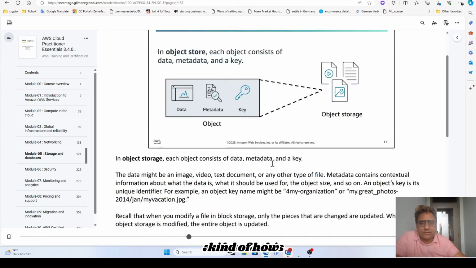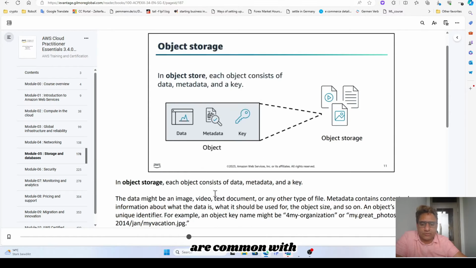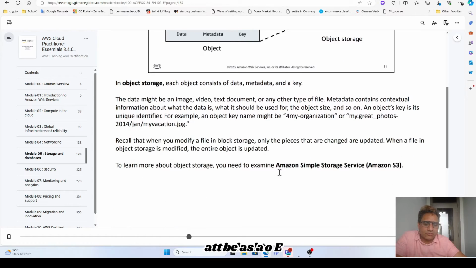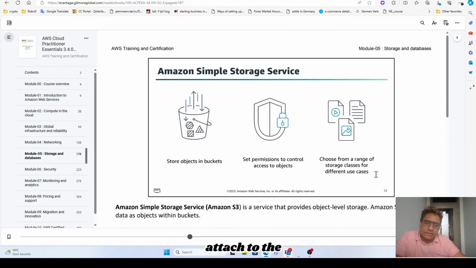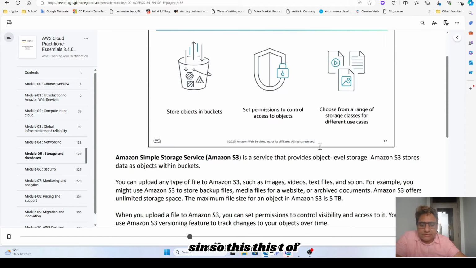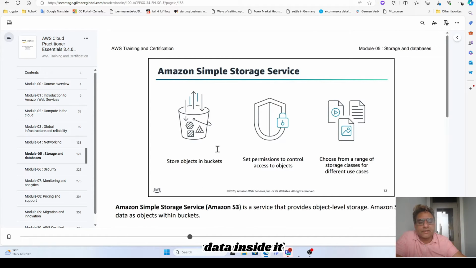So these are the kind of topics that come under object storage, and AWS has a very beautiful and very famous service for it, the S3 bucket, AWS S3 bucket. So this bucket stores the data inside it. It sets permissions and controls access policies.